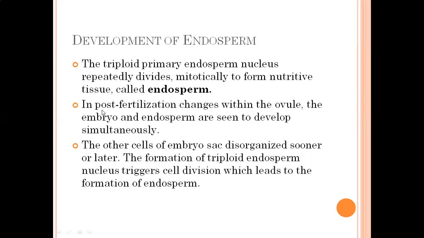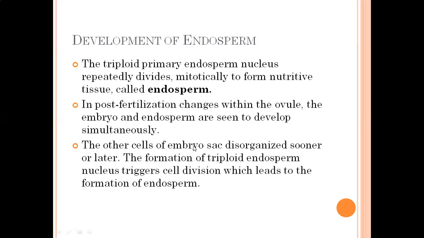The embryo is the product of the first fertilization, that is the fusion of the male gamete with the egg cell, and the endosperm is the product of the second fertilization, that is the fertilization of the second male gamete with the secondary nucleus. So the embryo and endosperm develop simultaneously.